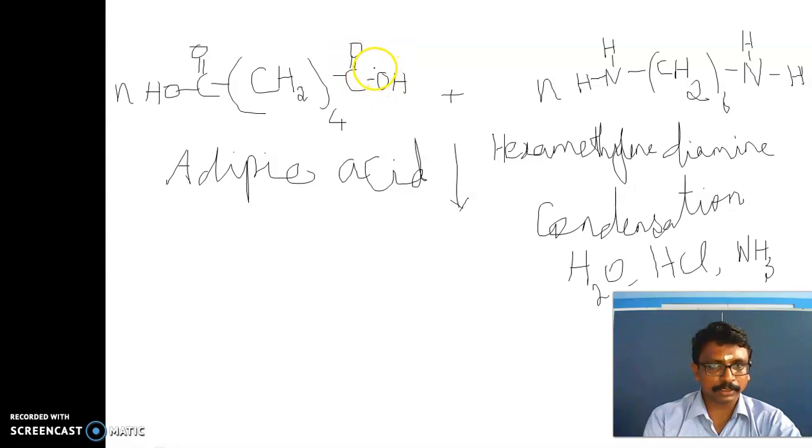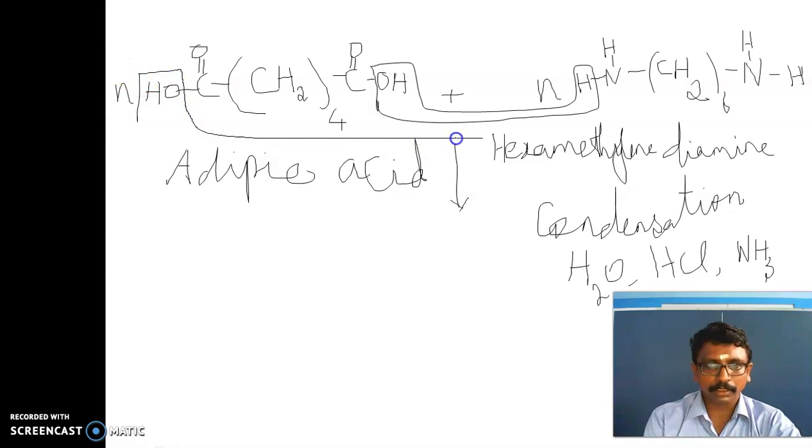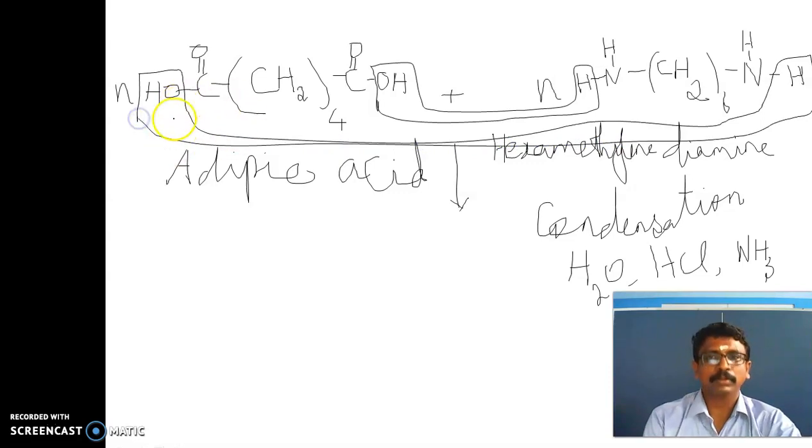You just see, children. In that, this OH and here one hydrogen, so H2O, a water molecule, is removed. And here also the OH and this hydrogen are removed.